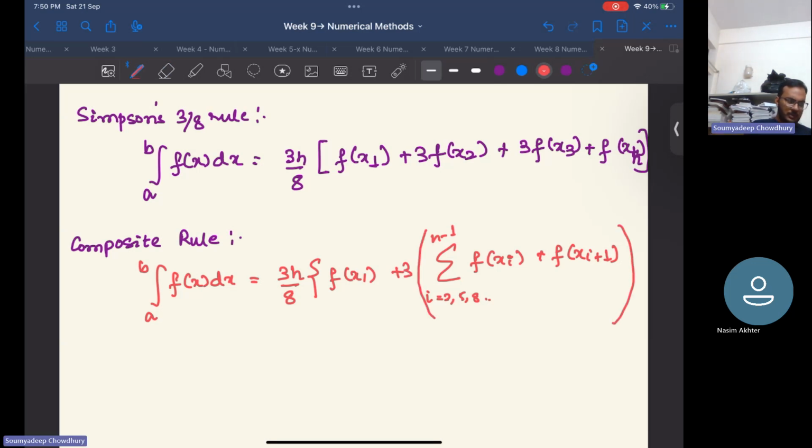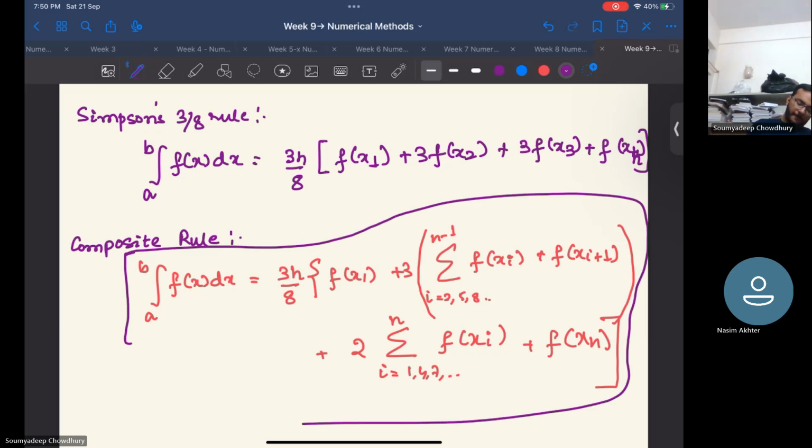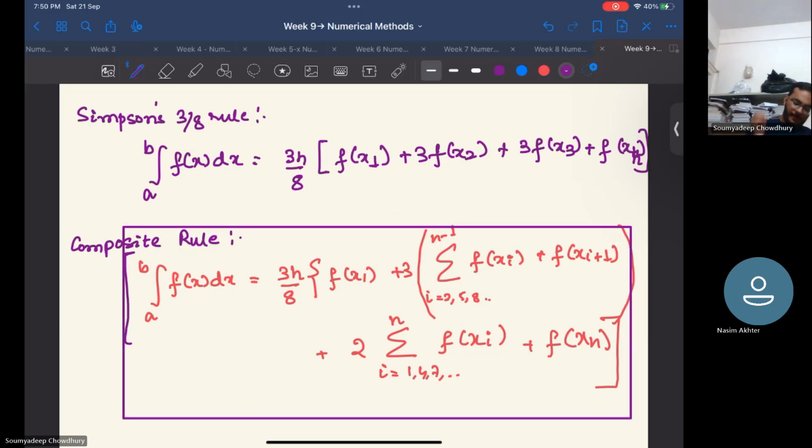This is 3 times. Then we have 2 into summation of the remaining ones, 1, 4, 7, like this up to n, where we have f of xi only, plus the last term, which is xn. So this formula is a bit complicated. You just remember the 2, 5, 8, x2, x3, x5, x6, x8, x9. Like this, all these will be 3 times. So this is the Simpson's 3/8 composite rule.